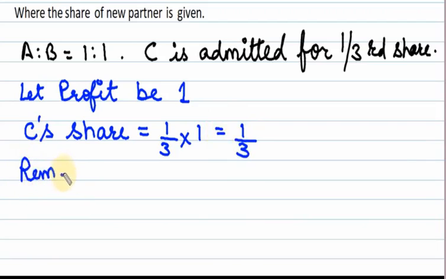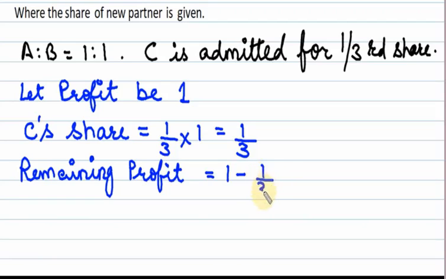Then we will find the remaining profit, that is the profit left for A and B, which will be total profit minus the share of the new partner, that will be 2/3.